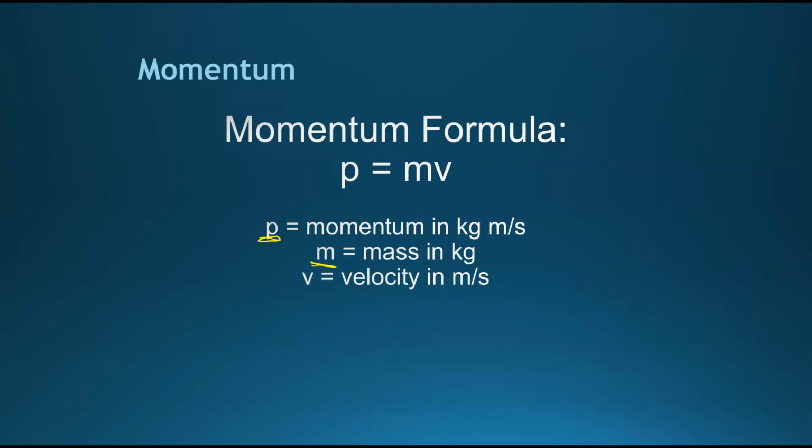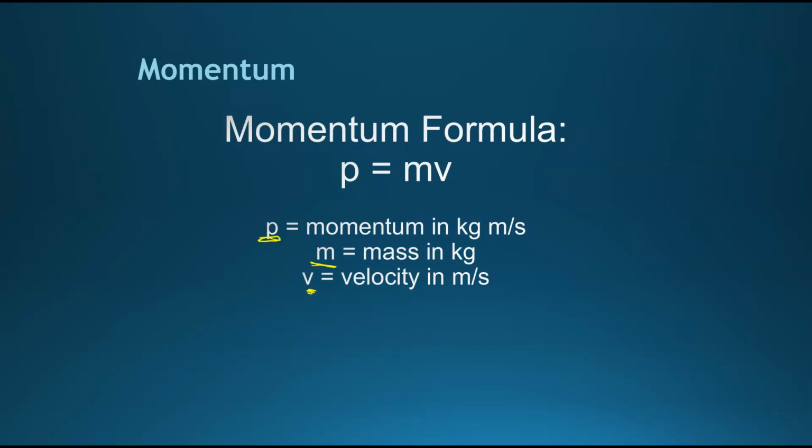If you're not going to remember this, you can look it up on your physical science reference tables. It definitely says lowercase p equals momentum. So don't worry about memorizing that part. What you do need to memorize are the units for these things. So momentum equals mass times velocity.